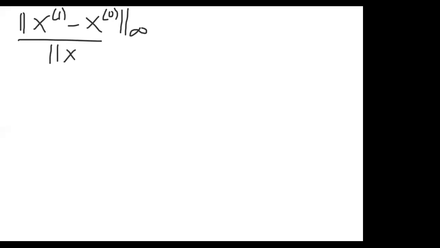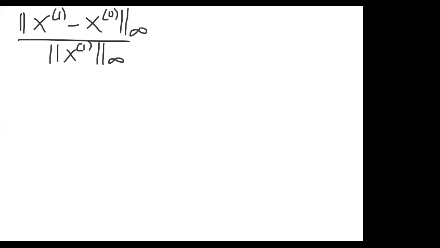So after getting the first approximation, I need to test whether the stopping criterion is allowing me to end there or not. Okay, so let's find x1 minus x0 infinity there over this other norm, x1 infinity.